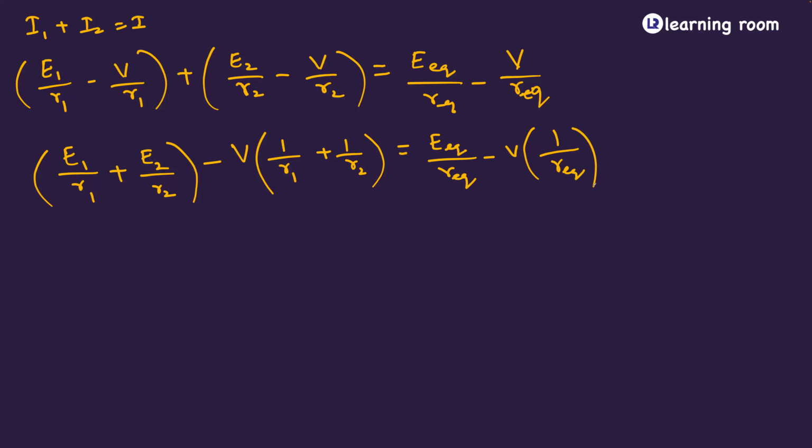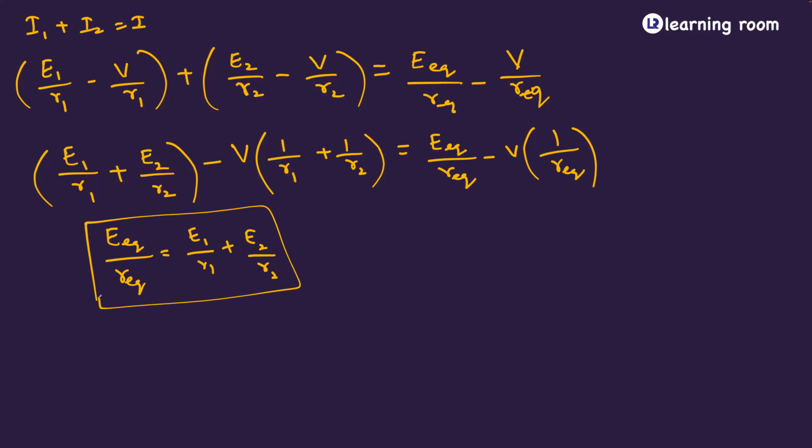So when you do the comparison on both sides, E equivalent by R equivalent will be equal to E1 by R1 plus E2 by R2. Similarly, 1 by R1 plus 1 by R2 will be equal to 1 by R equivalent.